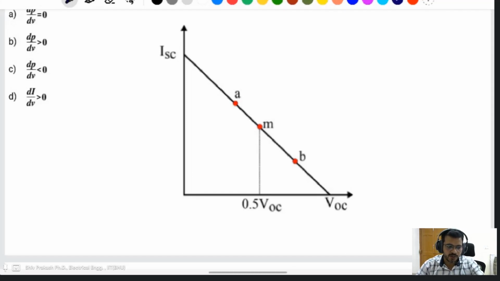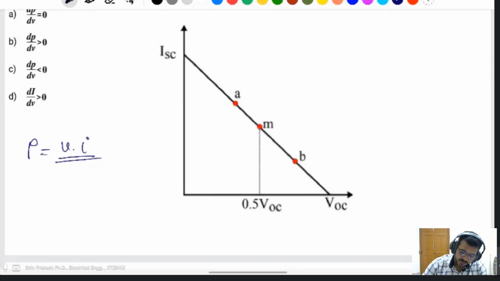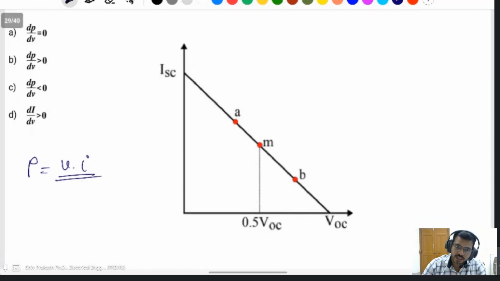Anyone guess this one? All of you know that power is V into I. If you got this, V into I, then you can answer any questions related to this.